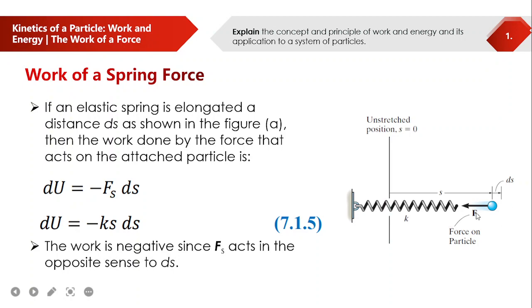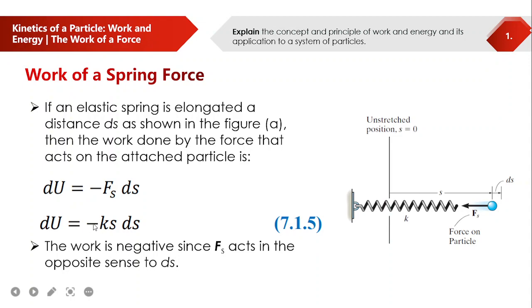Kasi nga, if we elongate this spring, di ba, bumabalik yung spring force. So therefore, yung displacement niya is pa right, but yung force natin is pabalik. Negative yung work kasi nga if we release that one, yung force na i-exert ng spring back to the particle kasi nga in-elongate natin yung spring. So therefore, magiging opposite sa direction sa pag-stretch natin. Therefore, it will give you a negative work.